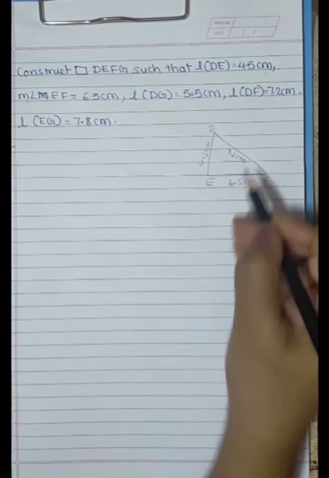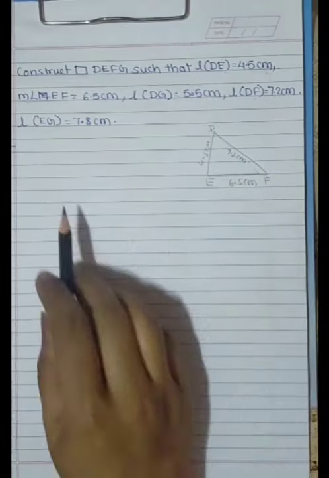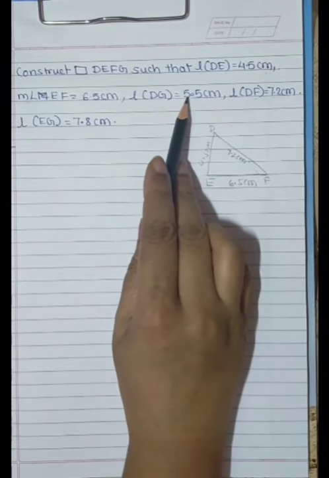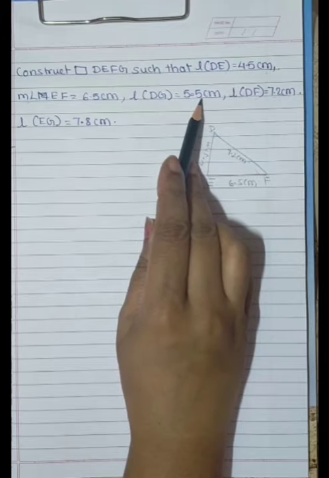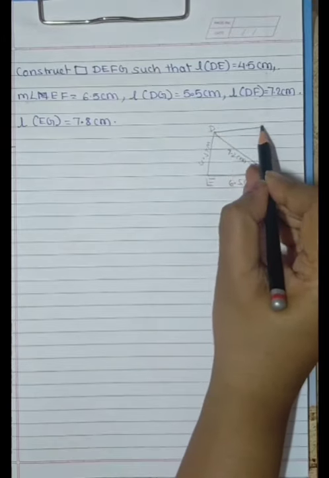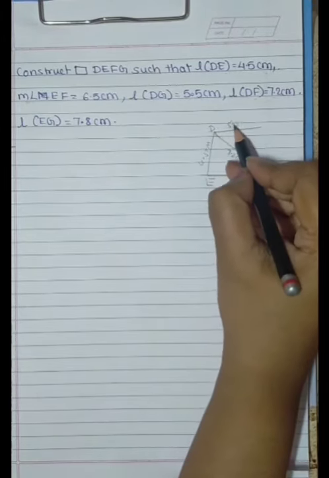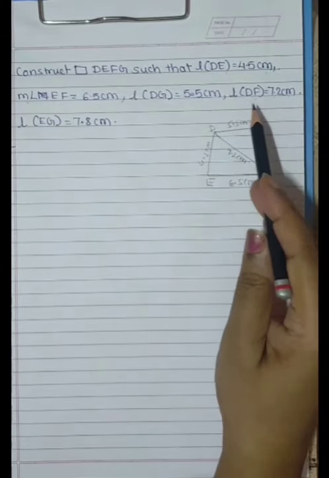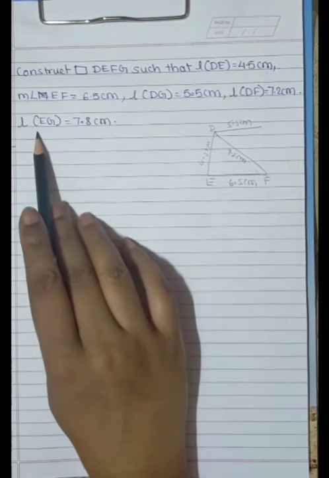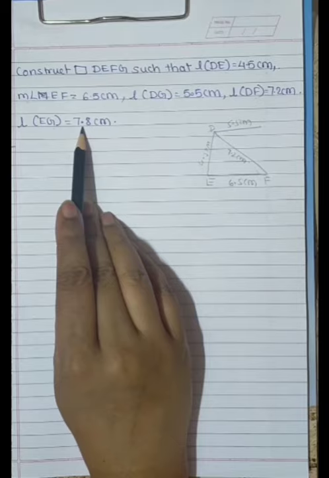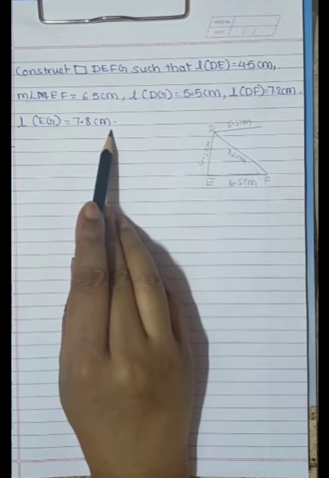Now what is given next? DG is equal to 5.5 centimeter. DG, 5.5 centimeter, and what is given? EG equal to 7.8 centimeter.